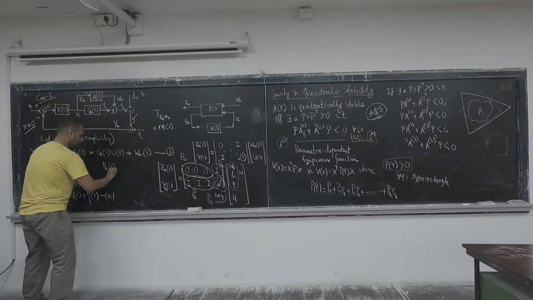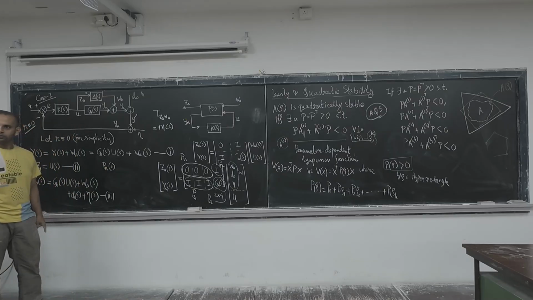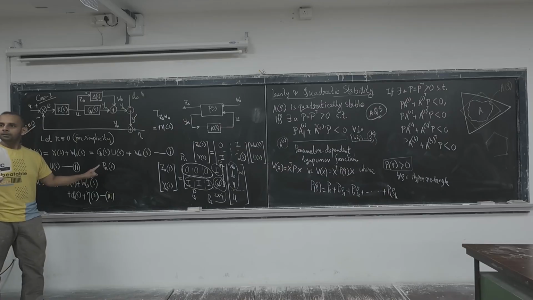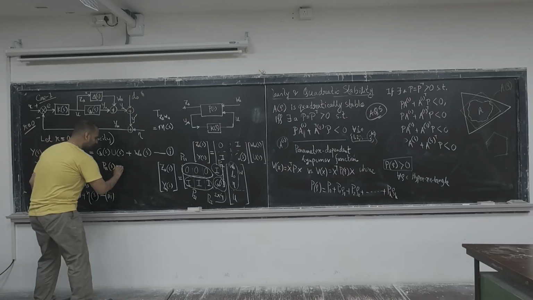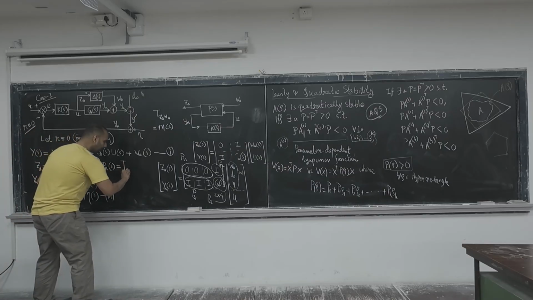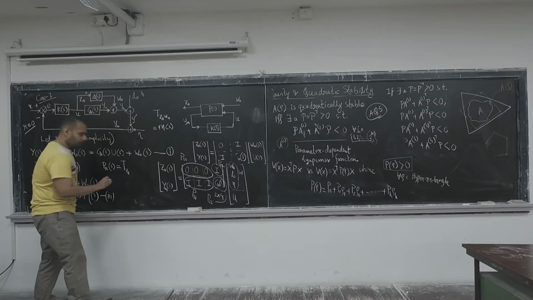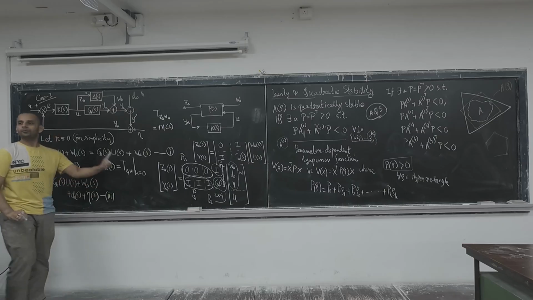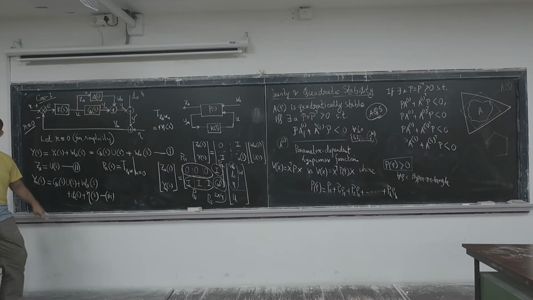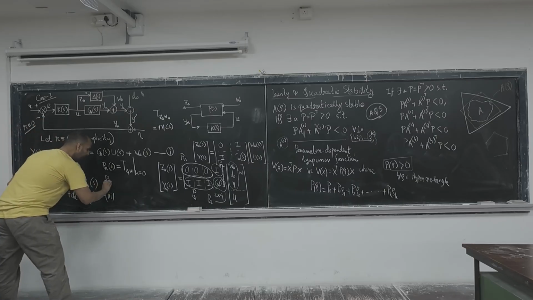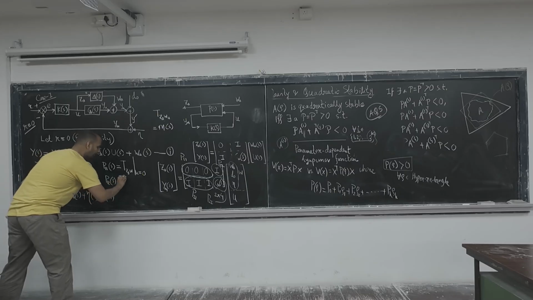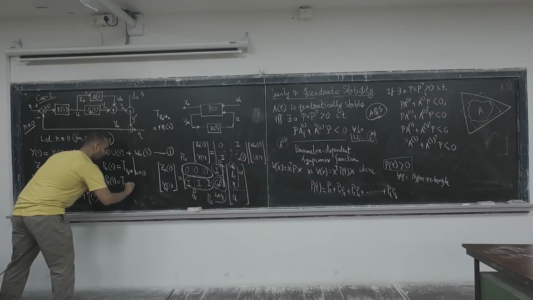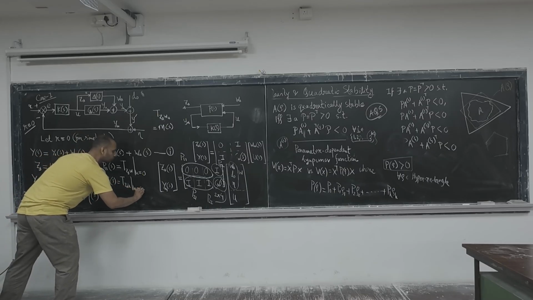Whenever you have a doubt, try to write in this way. P11 of S means the mapping from w to z delta keeping u equal to 0. Then P12 is the mapping from u to z delta keeping w equal to 0.